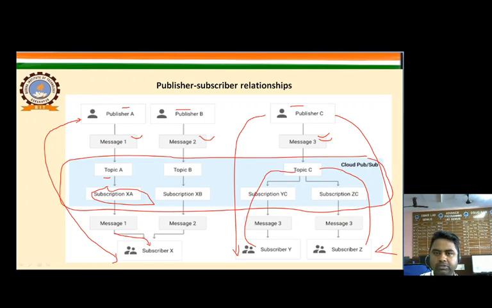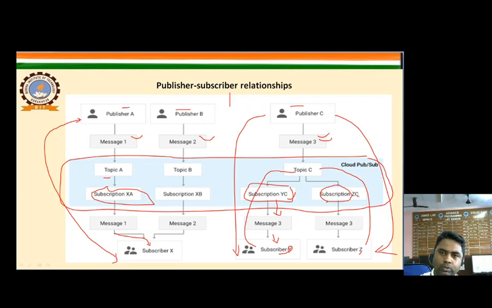So in the Cloud Pub/Sub model, topic C is divided into two parts: first a subscription for Y with message C, and second a subscription for Z with message C. When topic C is divided into two parts, one for subscriber Y and the other for subscriber Z, each part has its own message, and this message can communicate with the individual subscriber.